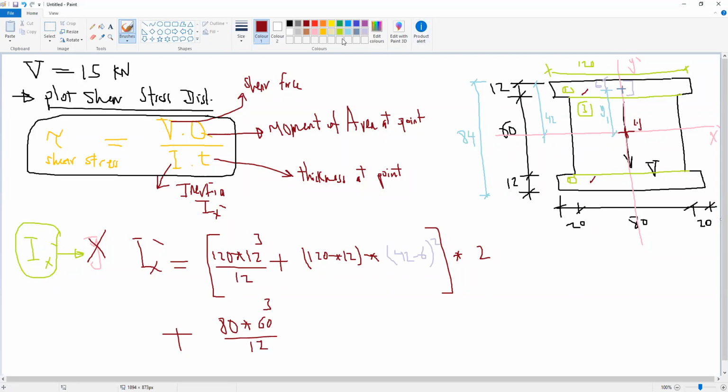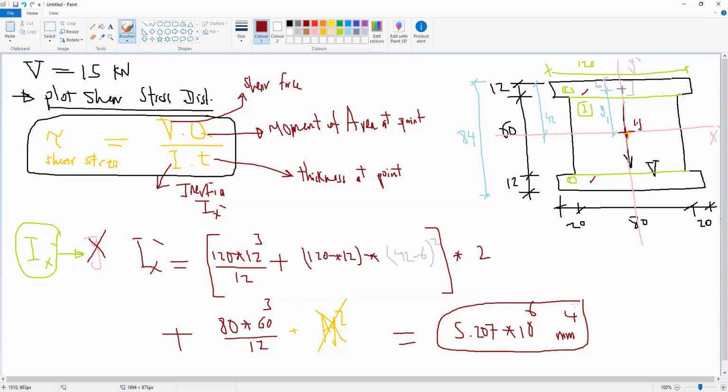And the centroid of area 3 is here, and the centroid of the whole area is the same point, so they coincide. So the term area multiplied by y square is not applicable here, so 0. So the final result for inertia I x dash will be 5.207 multiplied by 10 to the power 6 millimeter to the power 4. Okay, and this calculation, we have done this before in the normal stresses.